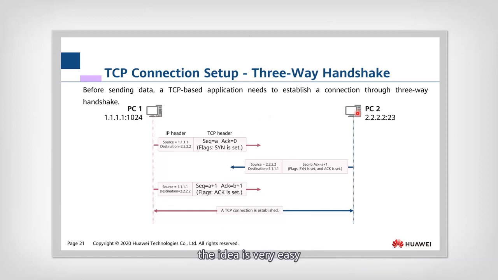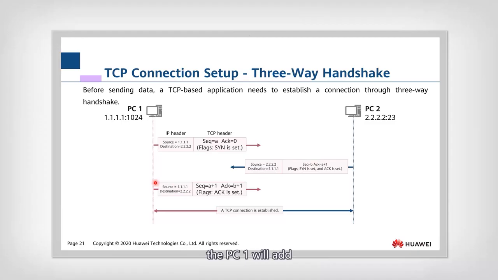The idea is very easy. The sender sends a packet, meaning I want to set up a connection. After receiving the message, the receiver sends back a message with its acknowledgement bit set, saying: okay, I'm ready, you can begin with sequence number A, and my messages will begin with B.